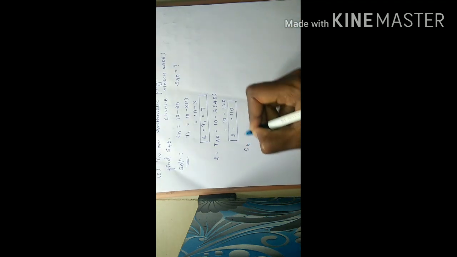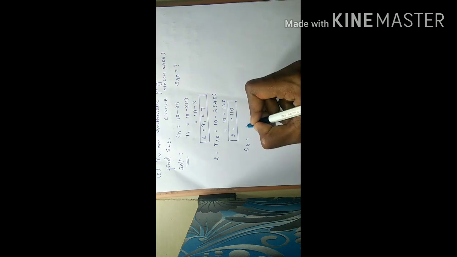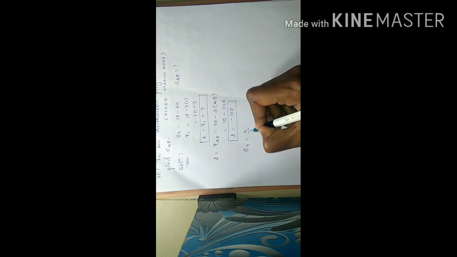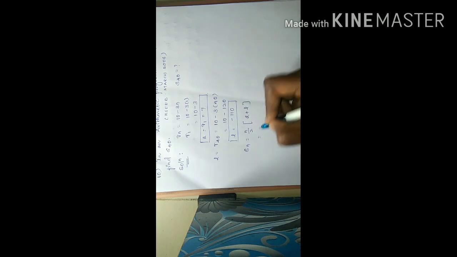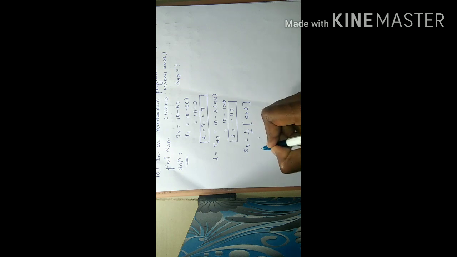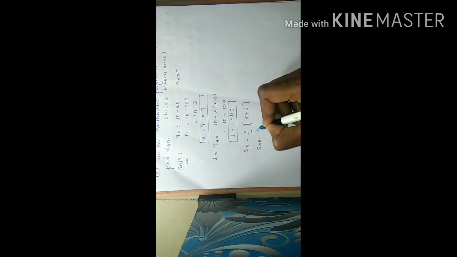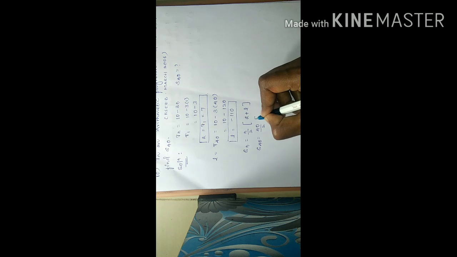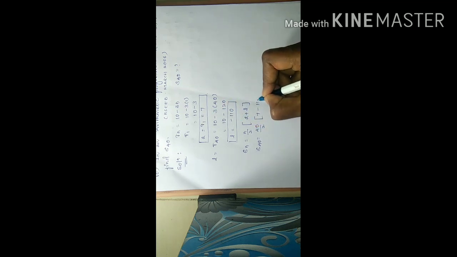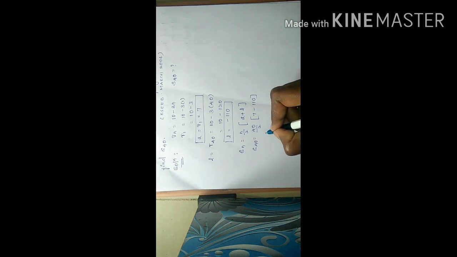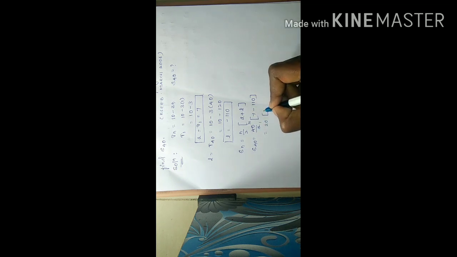When first term and last term is given, Sn is equal to n by 2 into a plus l. That is equal to S40 is 40 by 2 into a is 7 and l is minus 110. That is equal to 2 ones are 2, 20s are 20 into minus 103.